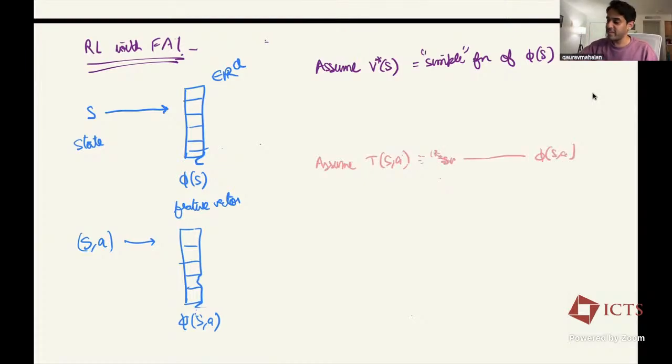Whatever, the same. I can't write too many things, it's too risky. Another assumption you can make is that Q star of s comma a is a simple function of phi of s comma a. You can pick any of these, and they all seem like reasonable assumptions to think about.